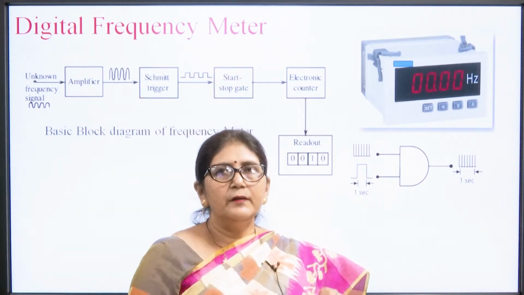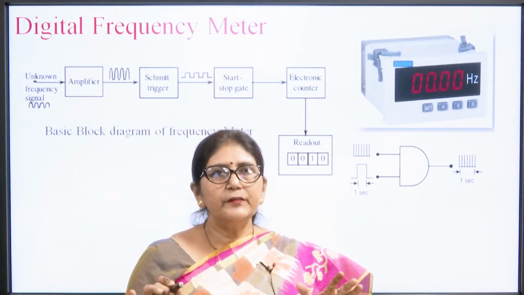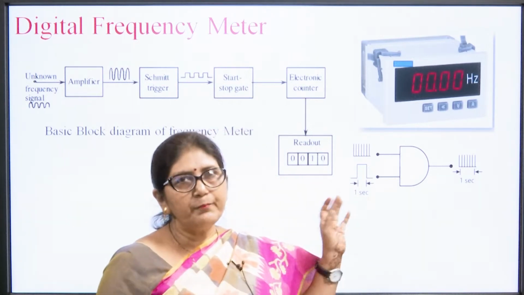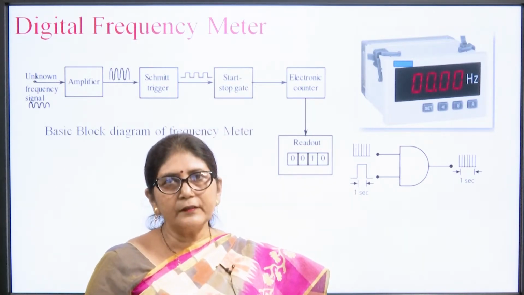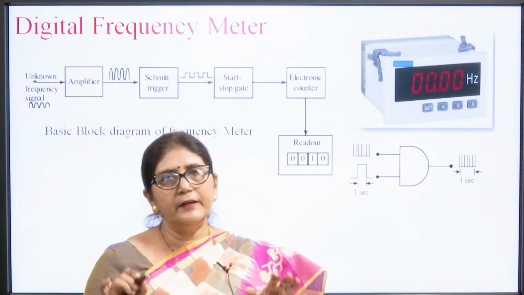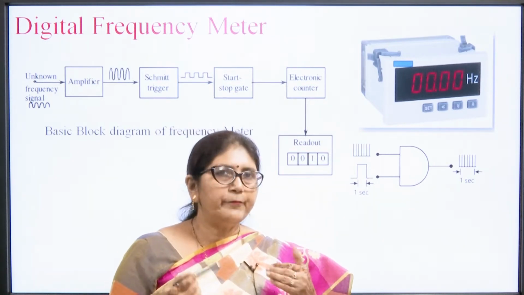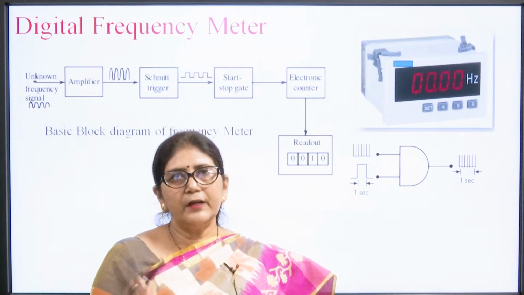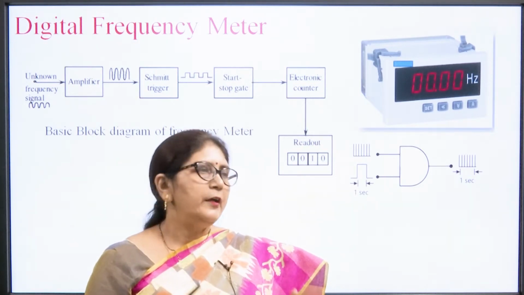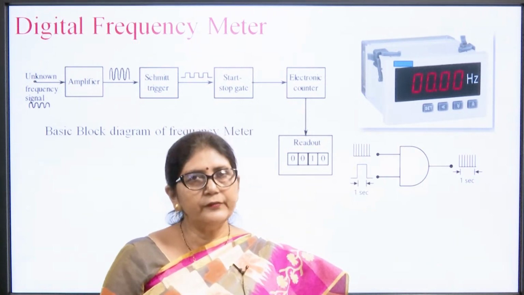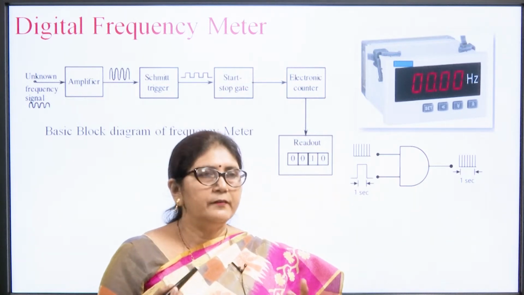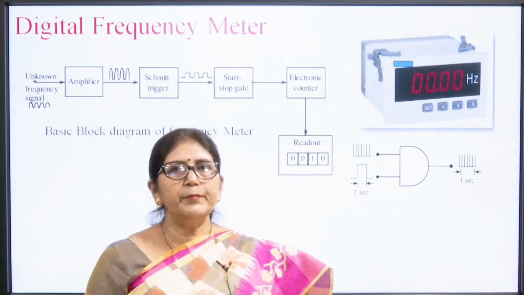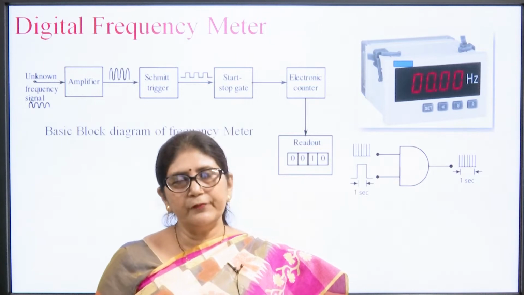So, what is the basic block diagram? There is an amplifier, a schmitt trigger circuit, a start stop gate and an electronic counter. If any unknown frequency signal is applied, we have to amplify it if the signal amplitude is very low. Generally in electronic circuits the signal amplitude is low, so we need an amplifier circuit.